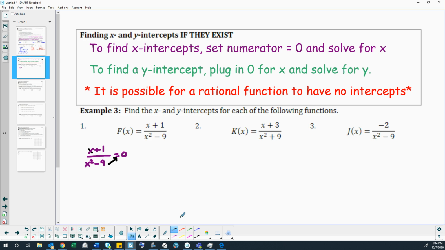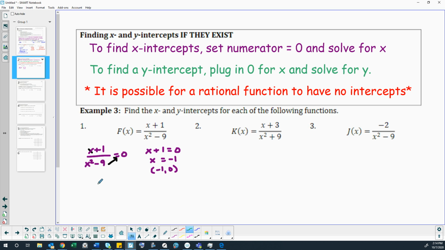Poof, it turns into 0. So therefore, all we need to do is set the numerator equal to 0 because the denominator is going to go away anyway. Alright, this gives us x equals -1, so we have an x-intercept at (-1, 0).